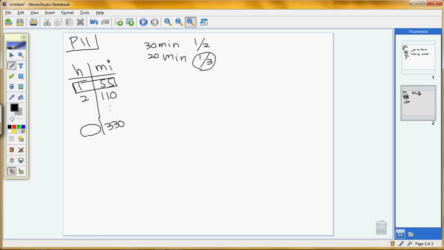So use this idea to find out how many miles you would travel if you drive 55 miles per hour for 20 minutes. That's part B. Part C: how many miles does the car travel in 40 minutes? Well, if you find the answer from B and double it, that's going to be 40 minutes, because if you double 20 minutes, that will be 40.